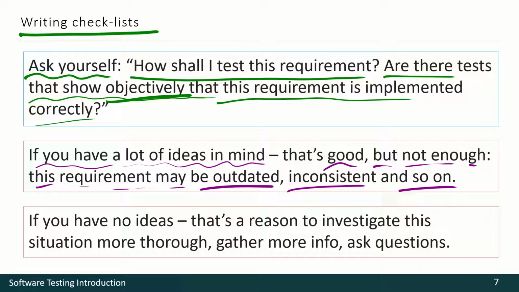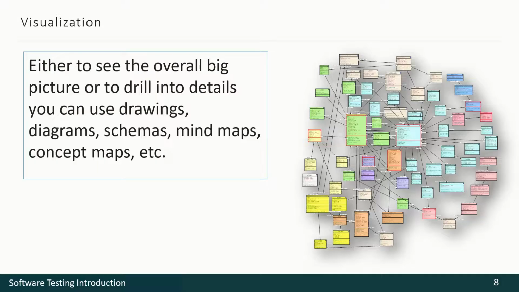But if you have no ideas at all, that's the reason to investigate the situation deeper, gather more information, ask more questions. Maybe you just do not have some useful information and other people will provide you with that information. That's okay, investigation closed. But if there is a problem, you may get some information that will help you fix that problem.